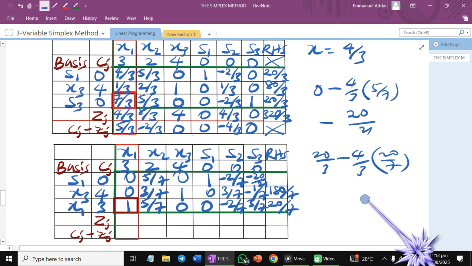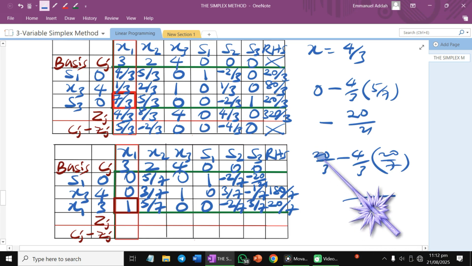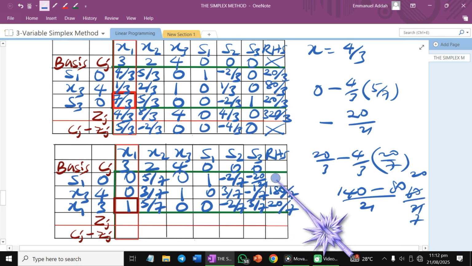No, the LCM will be 21. 3 there, 7 times this, 140, minus 1, 4 times 20, that will be 80. 140 minus 80 will be 60. 60 over 21. 3 here, 20, 3 here, 7. That's 20 over 7. So here it's going to give us 20 over 7.